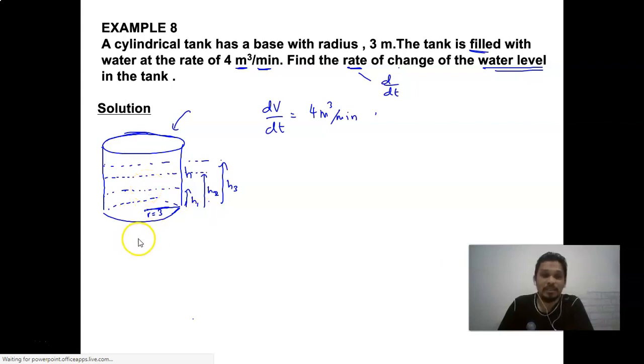So now we need to find the volume of this cylindrical tank, which is pi r squared h.